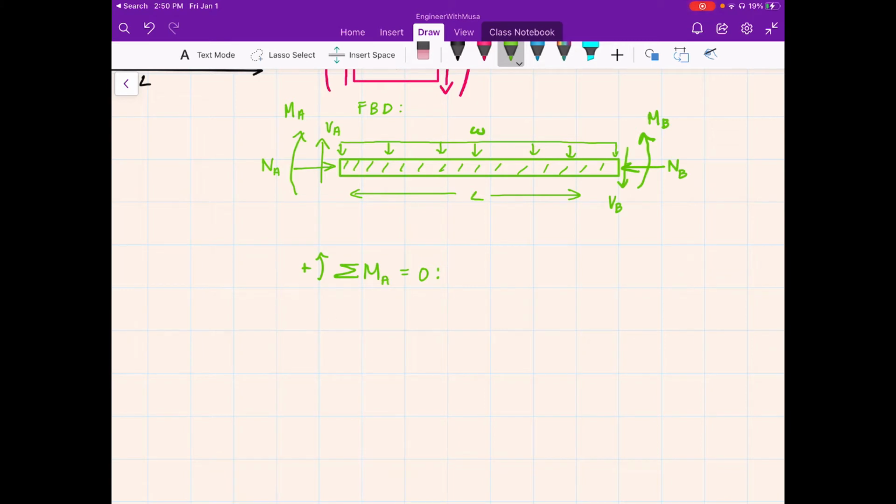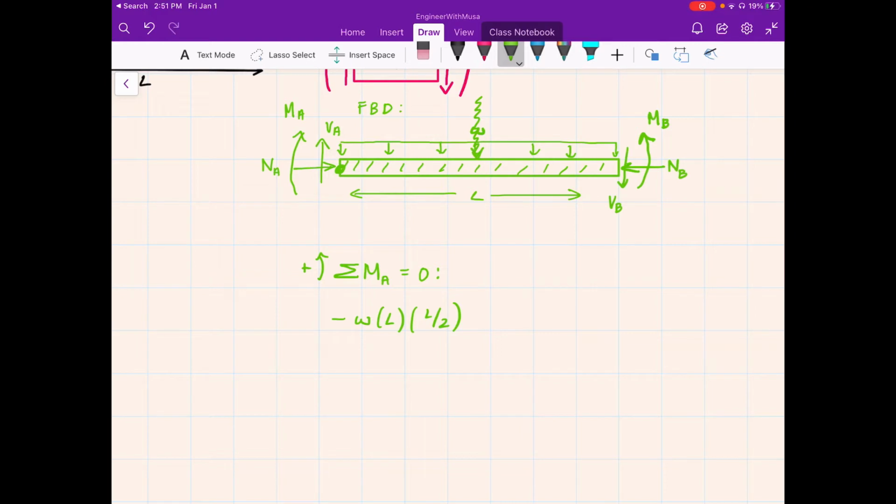The distributed load omega about point A is going to be equal to minus omega times L over 2, because we take our distributed load and multiply it by the entire length of the beam, so we get a point load, and then the moment is about point A, with the load acting at the center.